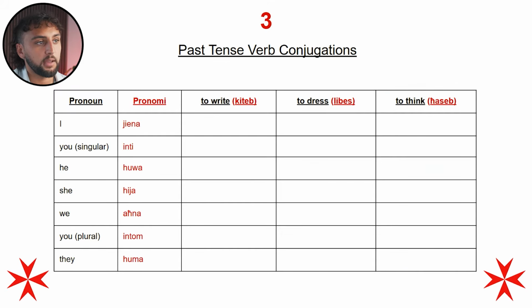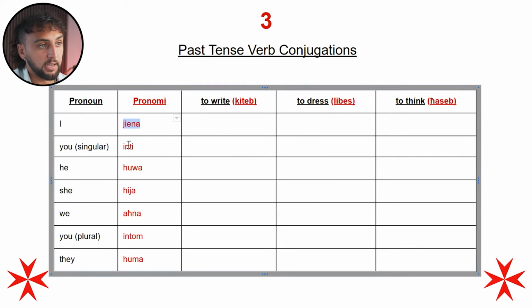We have jena, inti, huwa, hia, achna, intom, and huma. And of course, jena means I, inti means you, huwa means he, hia means she, achna means we, intom means you if you're talking to a bigger group of people, and huma means they.